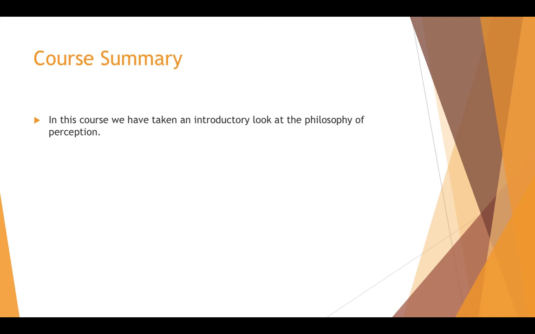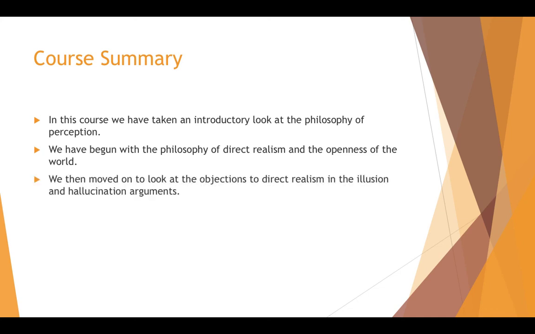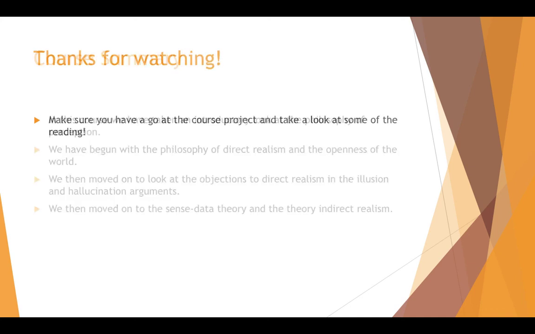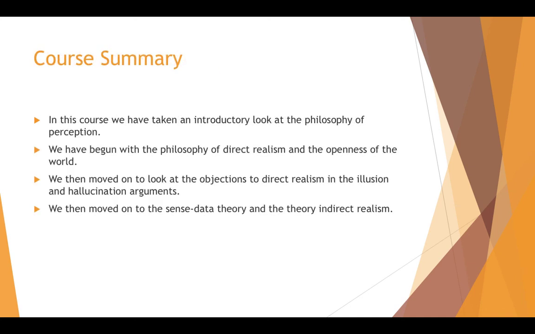We began to look at direct realism and the idea of openness to the world. Then we looked at objections to direct realism, with the illusion and hallucination arguments. Then we moved on to an alternative, the indirect realist sense data theory of perception, and then we looked at objections to that.